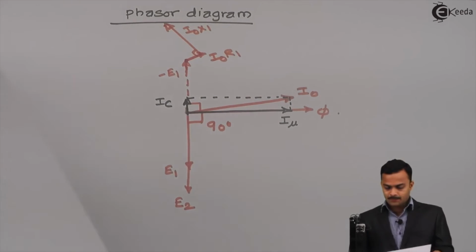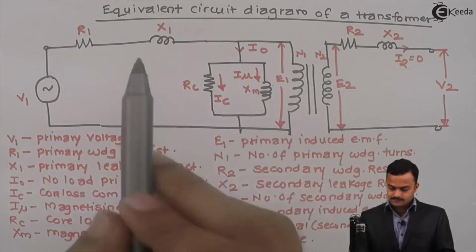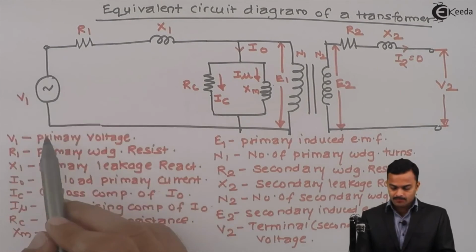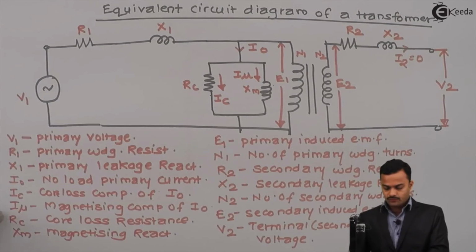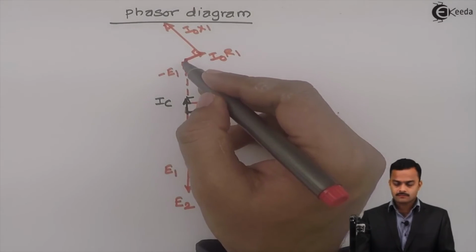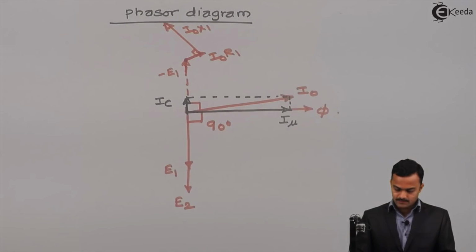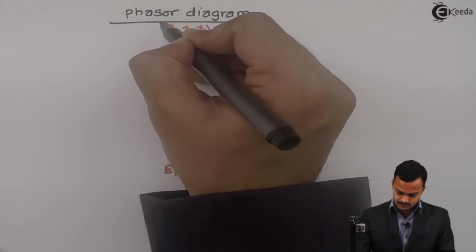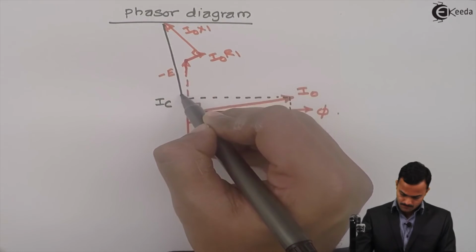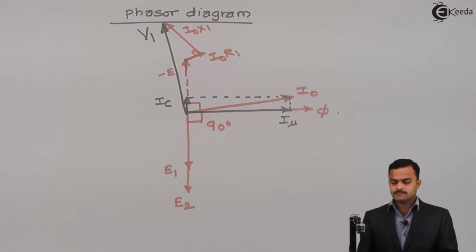Now if you see properly this circuit, phasor addition of minus E1, I0 X1 and I0 R1 will be nothing but primary voltage V1. So phasor addition of minus E1, I0 R1, I0 X1 will be nothing but this voltage, which is primary voltage V1.